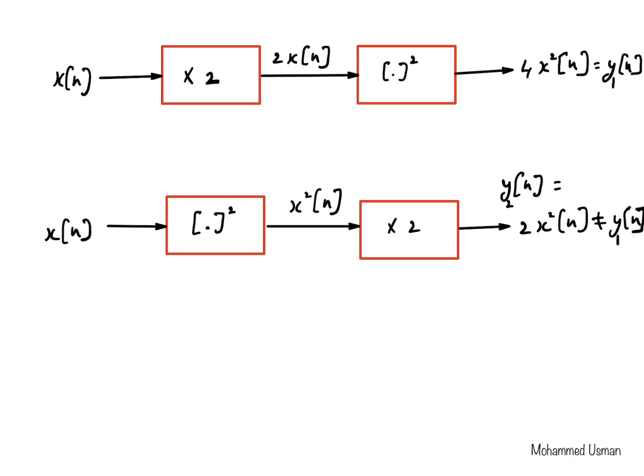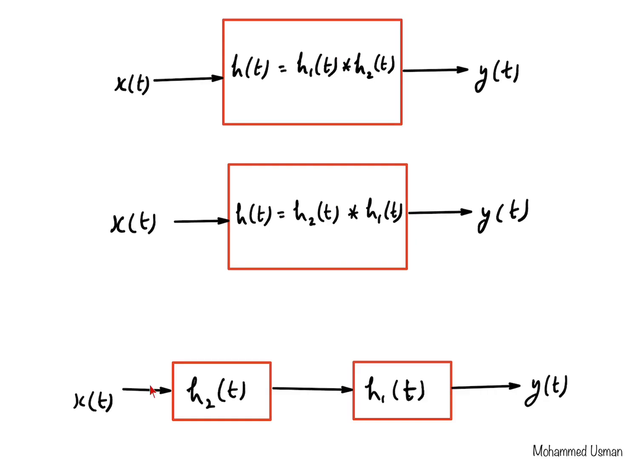So changing the order of these two systems produces two different results because there is nonlinearity involved. So this property, that we can interchange or change the order of the subsystems, is applicable only when the systems that are in series are all linear systems.